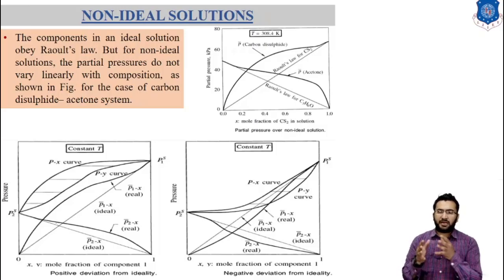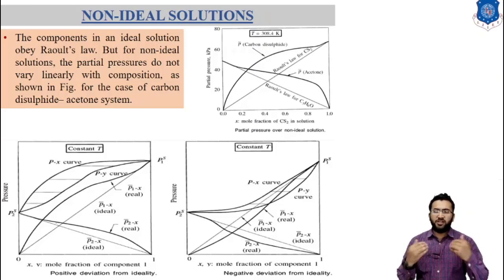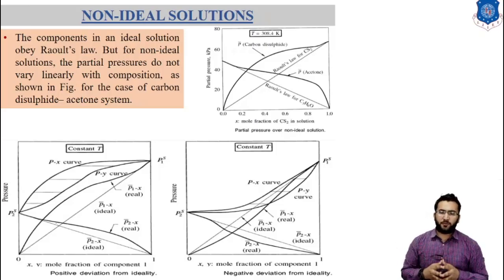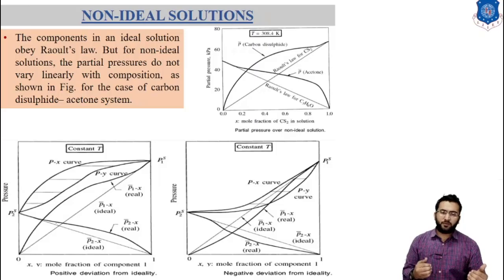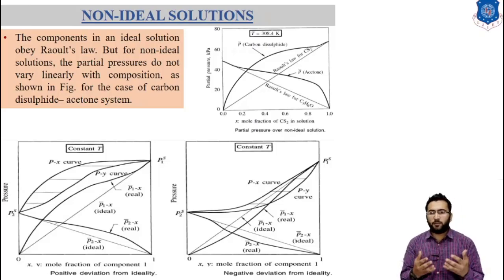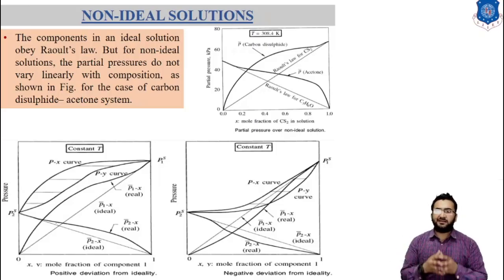a solution exhibits negative deviation from ideal behavior when the vapor pressure of the solution is less than that of each component, or we can say that the vapor pressure of the solution is less than the partial pressure of each component. So if the pressure of the solution is greater than that of each component, then it is a positive deviation, and if the vapor pressure of the solution is less than each component's partial pressure, then it shows negative deviation.